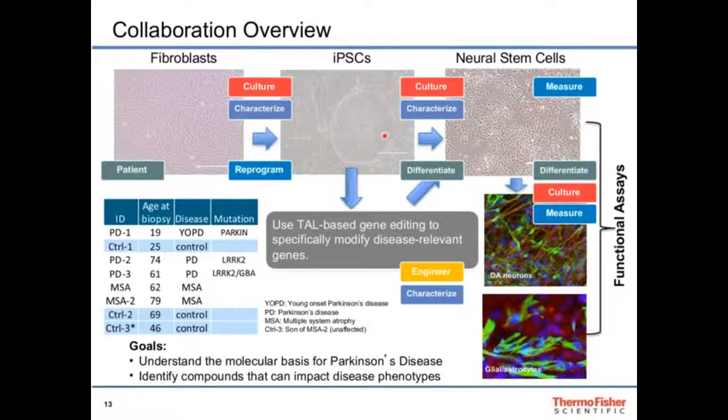As I'll show you, we tested the karyotype before and after engineering with the TAL effectors. We also checked potency markers, and then the idea is to use our tools to differentiate the engineered and non-engineered cells into neural stem cells, and eventually into neurons, glia, and astrocytes.